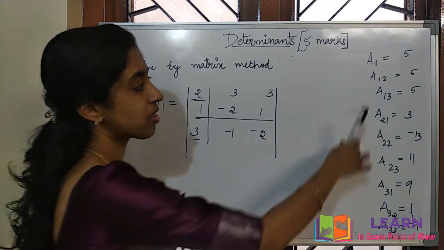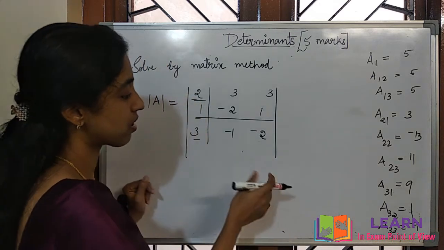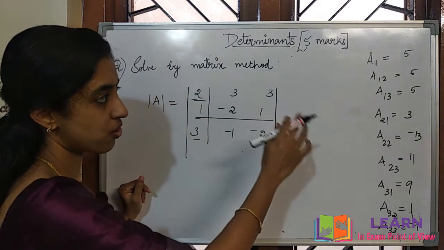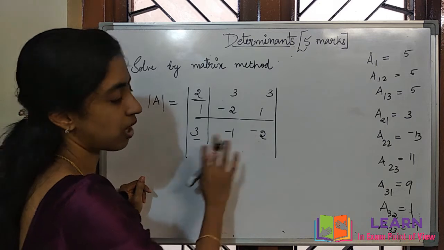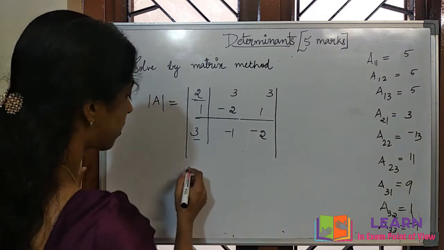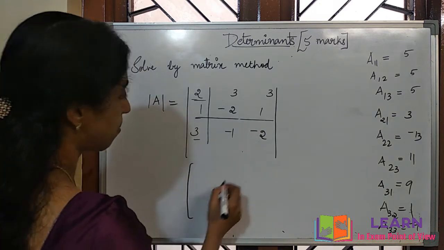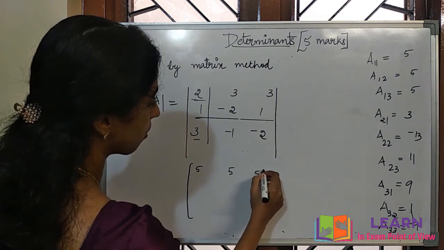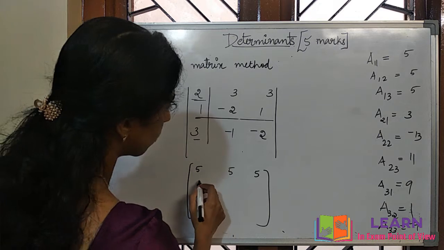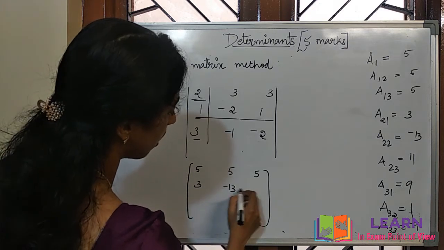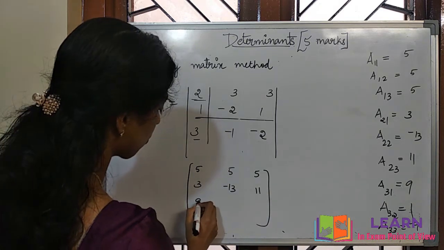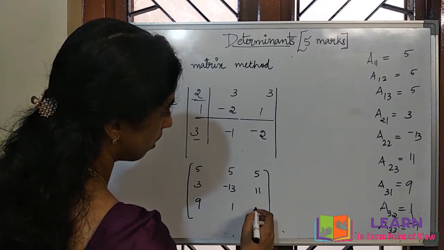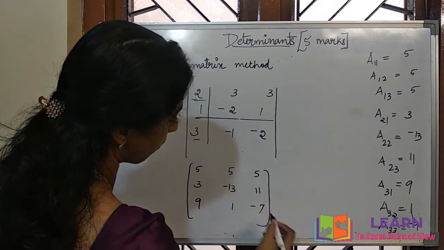So students, these are the cofactors of this determinant. You have to find it for every element. Then just write it as a matrix, that is 5, 5, 5. The next row elements are 3, -13, 11. The next row 9, 1, -7.